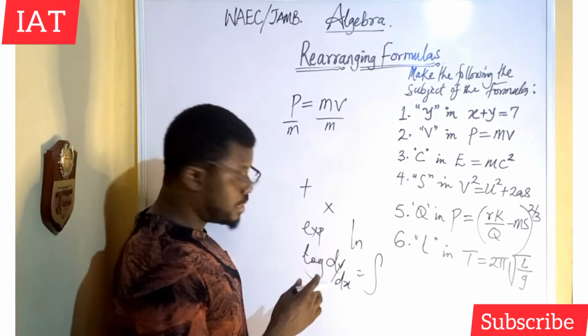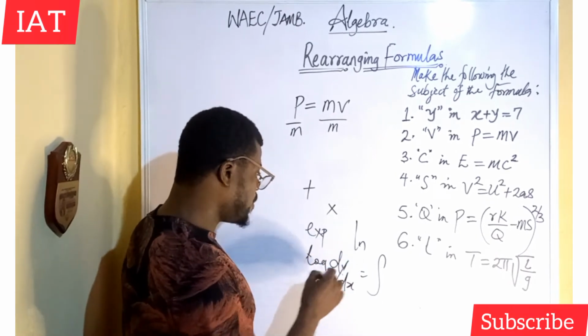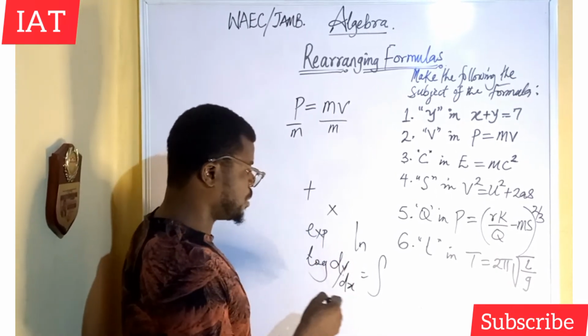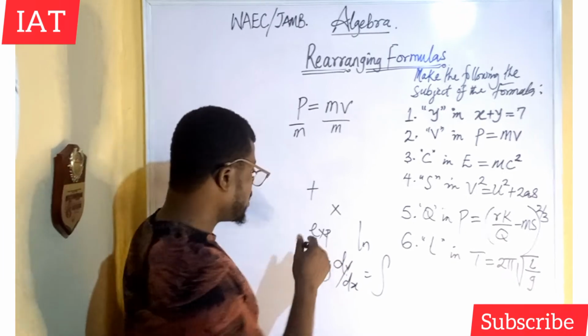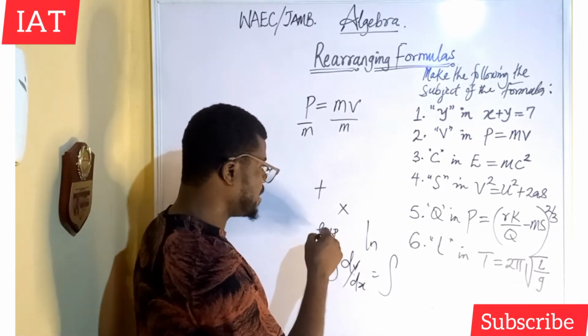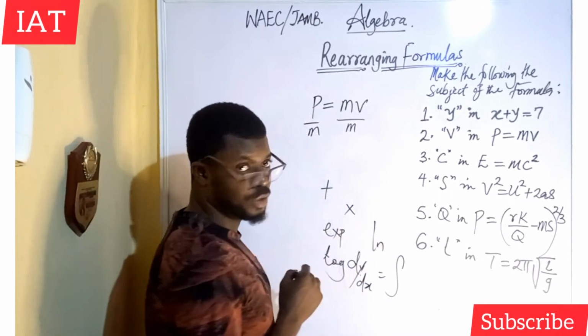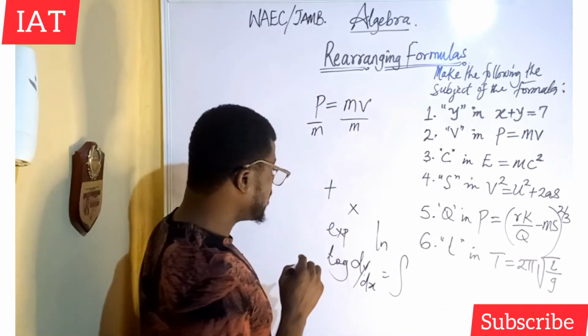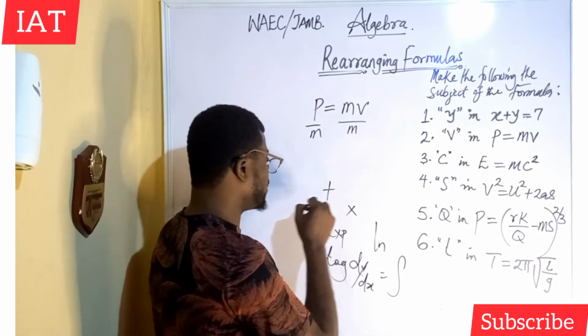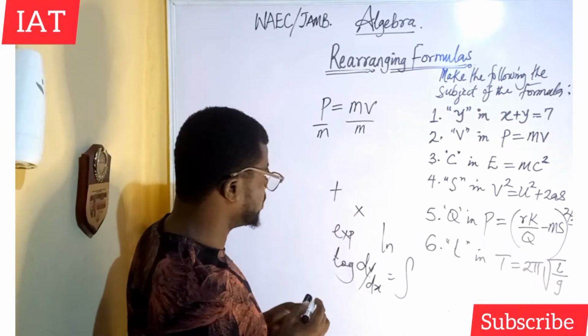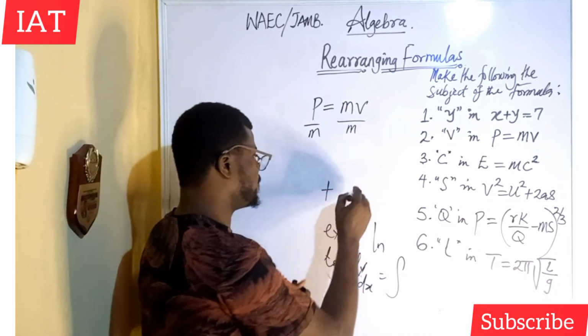So you can see how these things work. If I want to eliminate the differential function, I can use integration to eliminate it. If I want to eliminate any exponential problem, I can use ln or logarithms to eliminate it. And similarly, if I want to eliminate any function that has to do with positive, I can use negative to eliminate it.